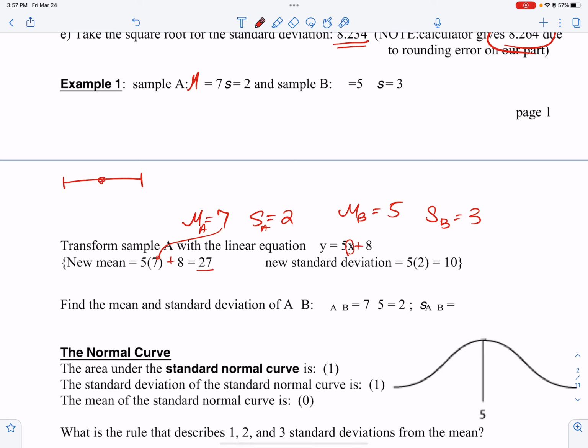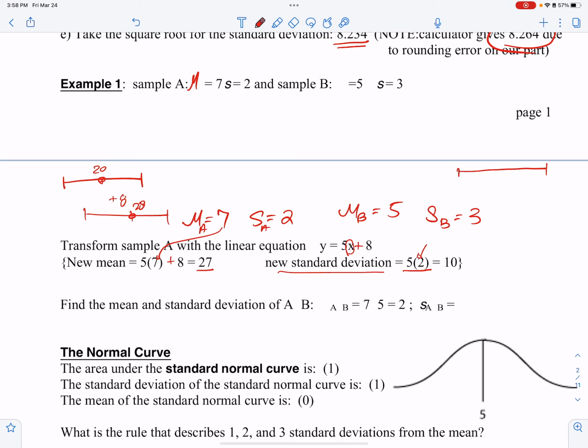But standard deviation, remember, when I have data here and I have the mean and I add 8 to the mean, it shifts, but the spread doesn't change, and standard deviation is spread, so it doesn't change. So the plus 8 doesn't matter. All we did was multiply by 5. Standard deviation, the spread, changes if we multiply it.